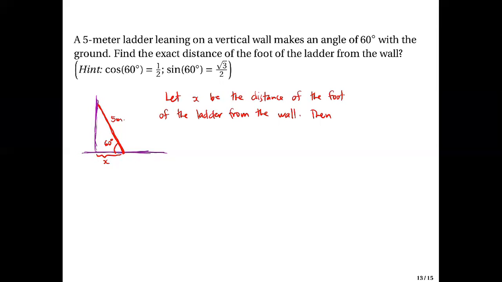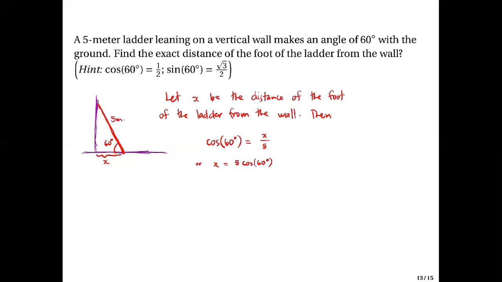Okay? So we have here then cosine of 60 degrees. This is equal to x over 5. Or you have x equals 5 cosine of 60 degrees.